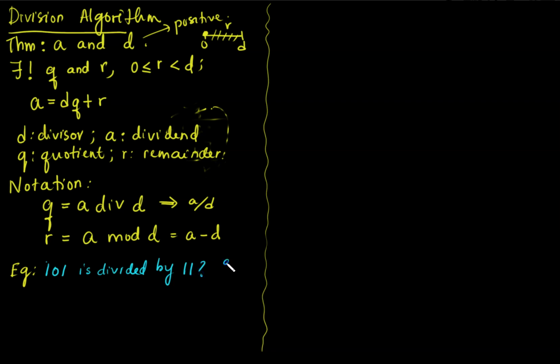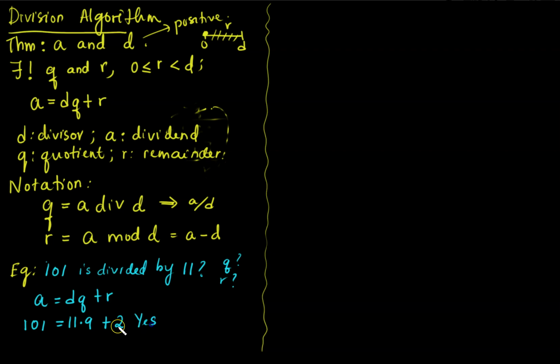So the question is to find Q and R. Remember we can write this as A equals DQ plus R. Can I write this as 101, that's my A, equals 11 times 9 plus 2?